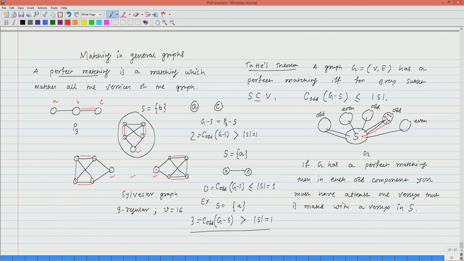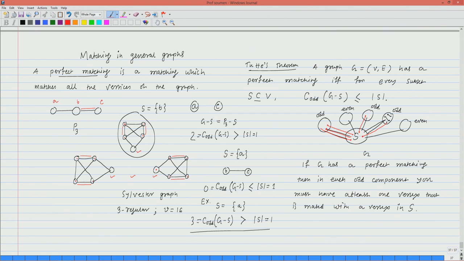Similarly, here also at least one vertex of this component will be matched with a vertex in S. It can be more than one also. So, it can be 3 also, 3 or 5, any odd number, right, not necessarily 1.